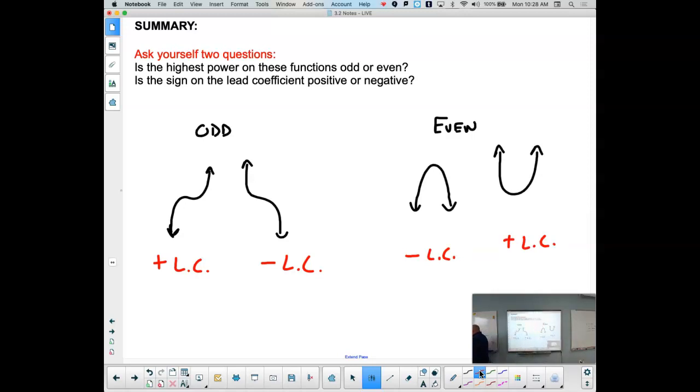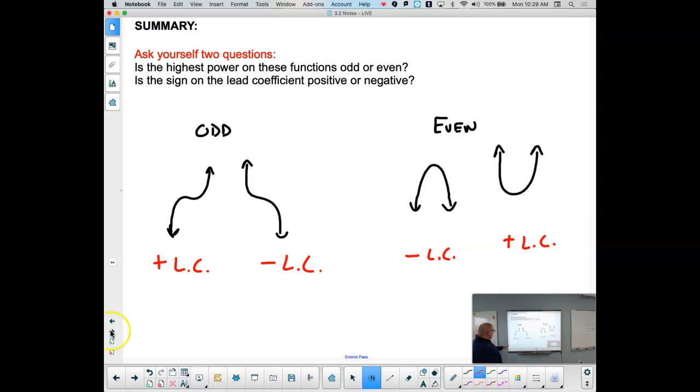And that's really all that I care about with functions, because all this funky stuff that goes on in the middle, that's going to be close to 0, and we're going to be able to figure that stuff out relatively easy. Okay? So for all of those, that's how it's going to look.